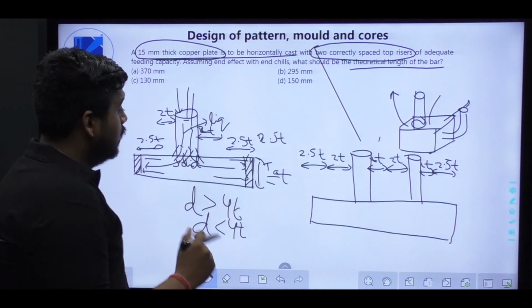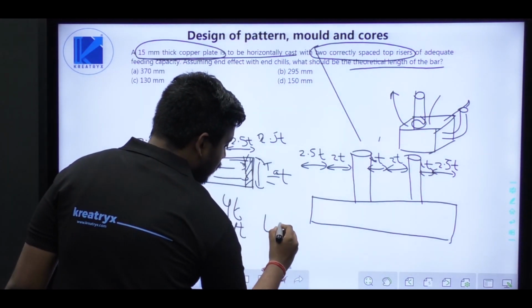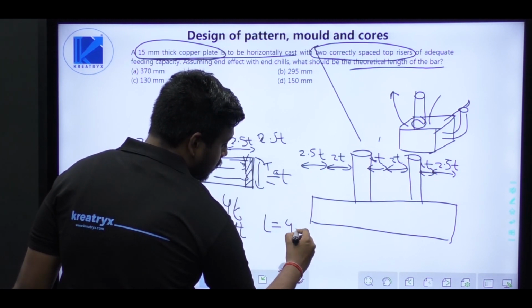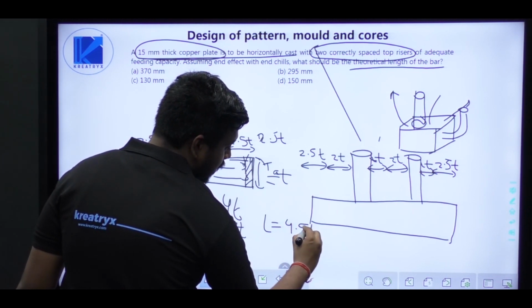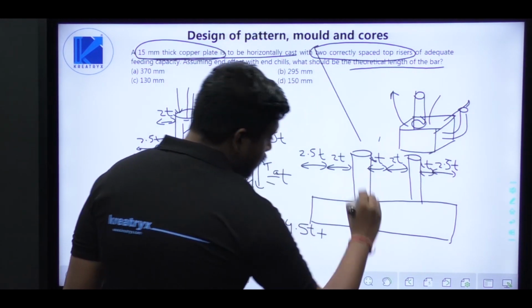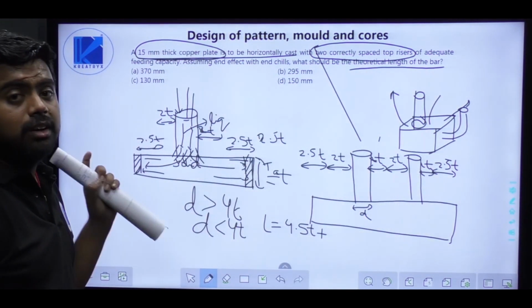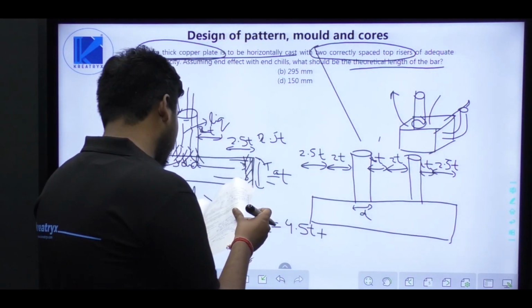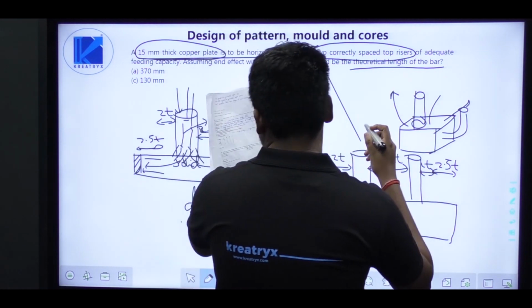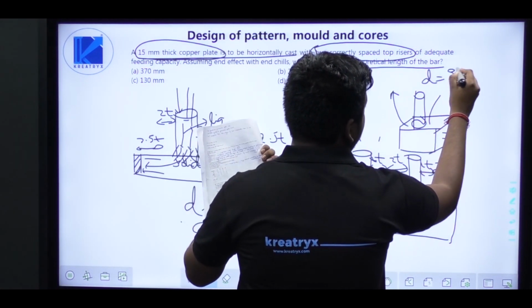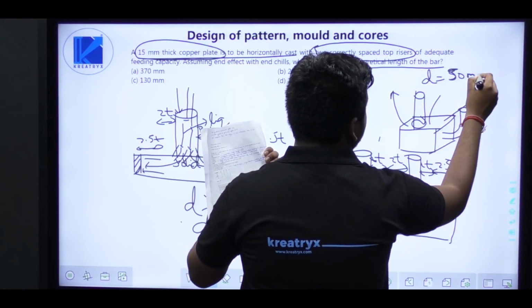So the length is basically 2.5 plus 2, which is 4.5T, plus this is the diameter. They forgot to mention the diameter of the riser in this question. The diameter of the riser is 50 mm. So the diameter is basically 50 mm.